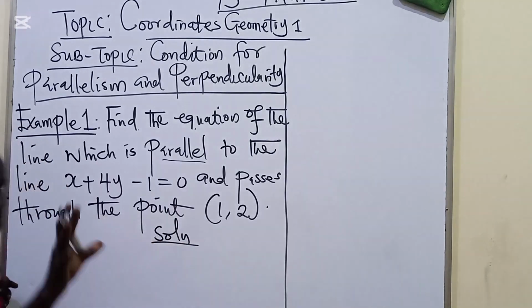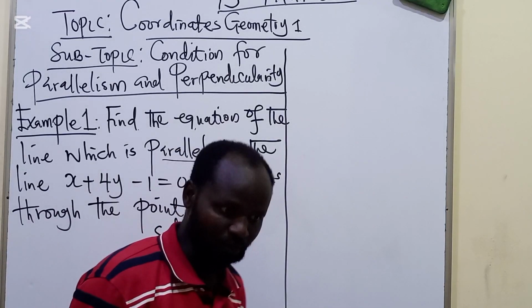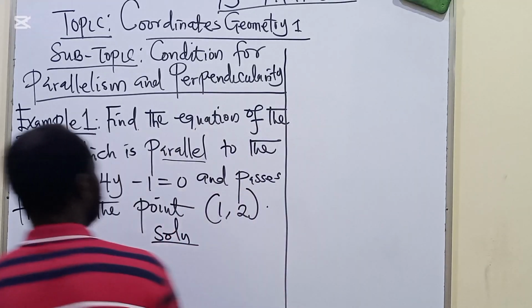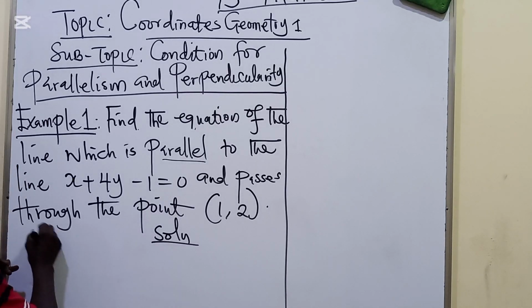We'll use two methods to handle this. Very important. When two lines are parallel to each other, it means the angle between them is 0, and they have the same slope as well.